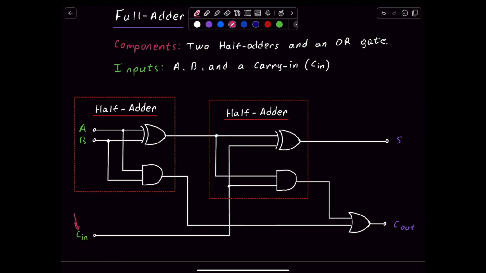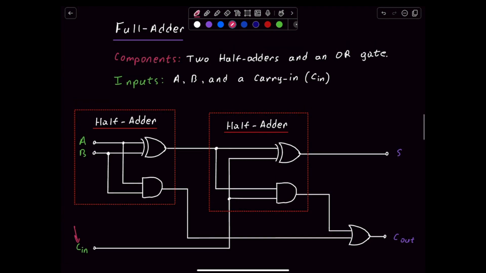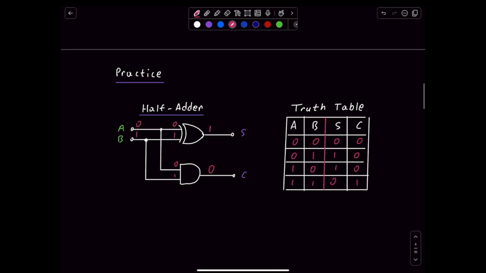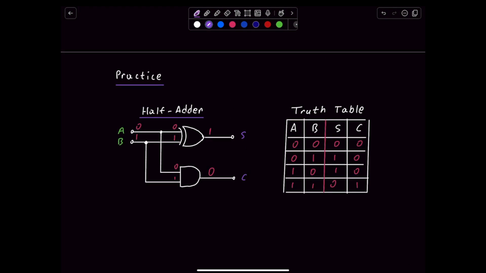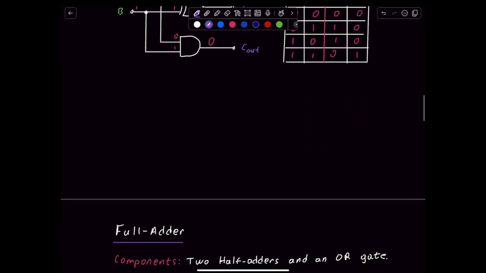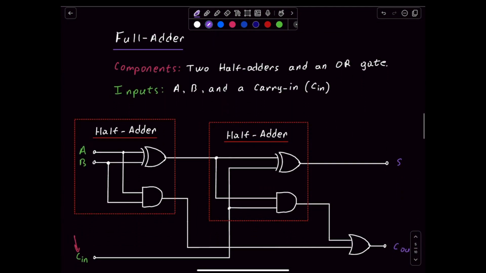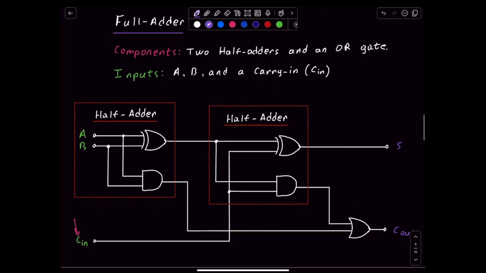So where do we get that carry in? Well, remember from the HalfAdder, we have a carry out, but we're not using it at the moment, right? When we have just a single HalfAdder, that carry out is just sticking out there, not used. However, if we use another HalfAdder, we can actually build a FullAdder that can take on that value.